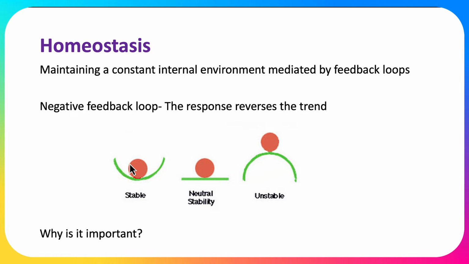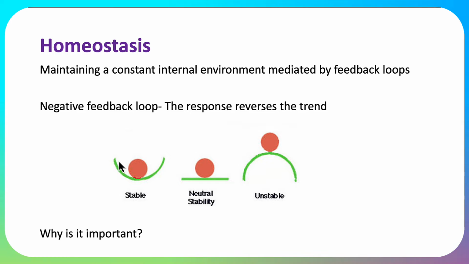So for example here, if we have a bowl and we have a ball in that bowl, if we were to roll the ball away from the midline or away from the set point, and let go of the ball, the response is that the ball is going to roll back down to the midpoint.